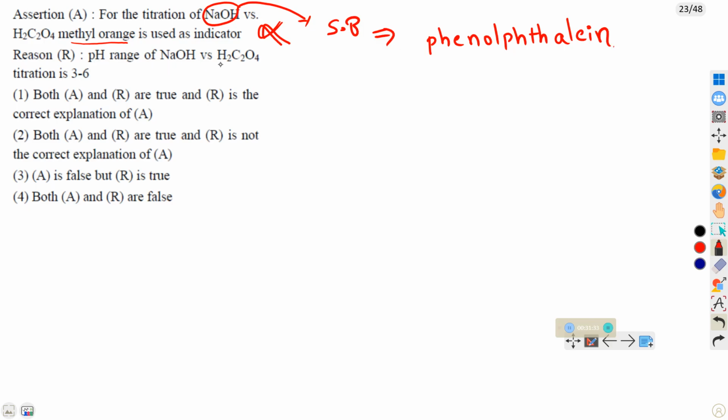The reason: the pH range of NaOH versus H2C2O4 titration is 3 to 6. This is also wrong. The pH value is greater than 7. Why? NaOH is a strong base. Both A and R are false.